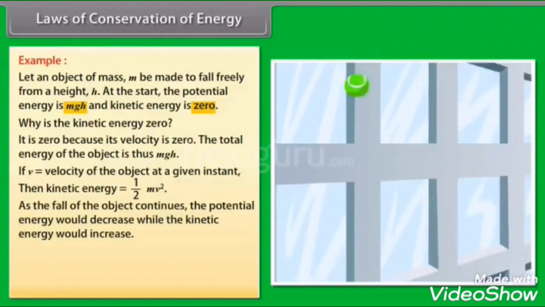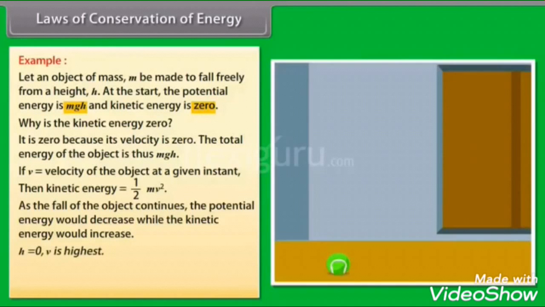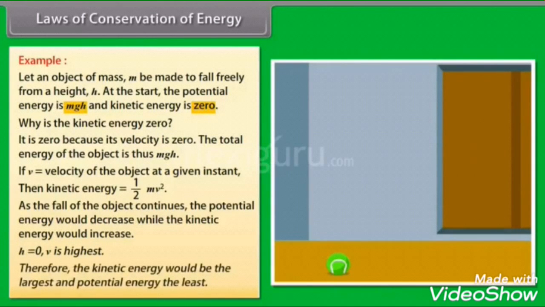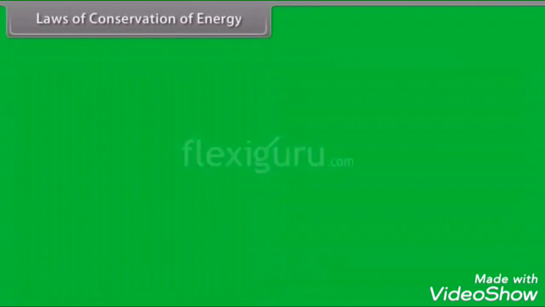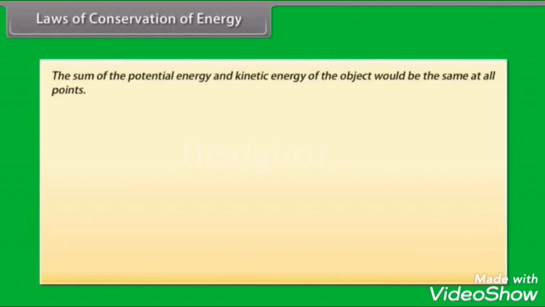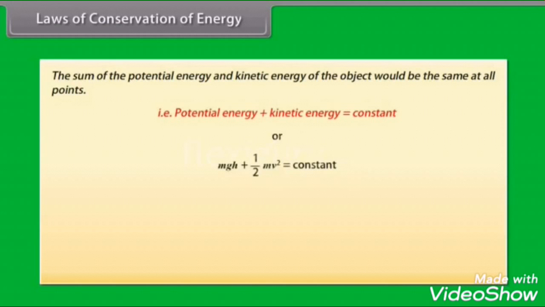When the object is about to reach the ground, h is equal to 0 and v will be the highest. Therefore, the kinetic energy would be the largest and potential energy the least. However, the sum of the potential energy and kinetic energy of the object would be the same at all points. That is, potential energy plus kinetic energy is equal to constant, or mgh plus 1/2 mv squared is equal to constant.